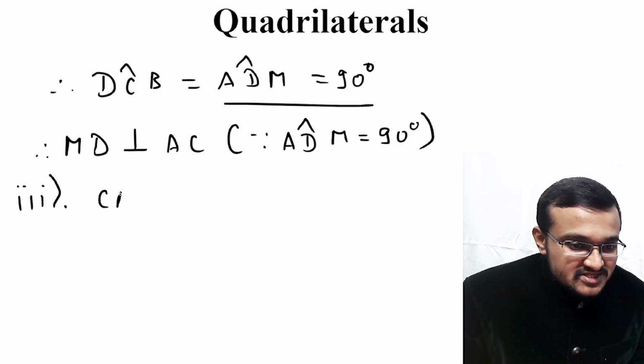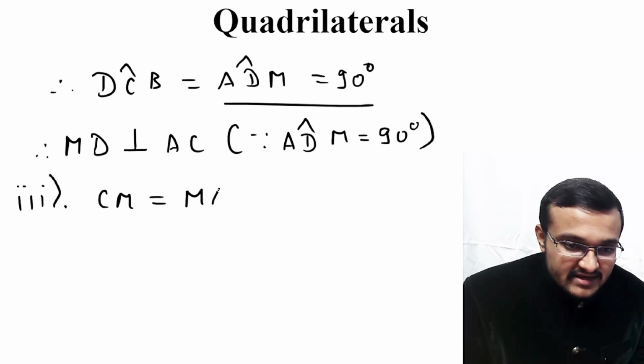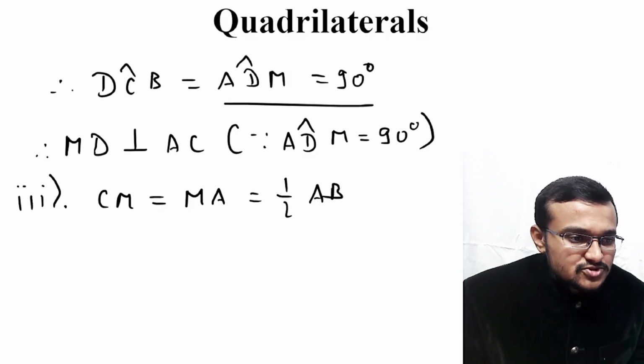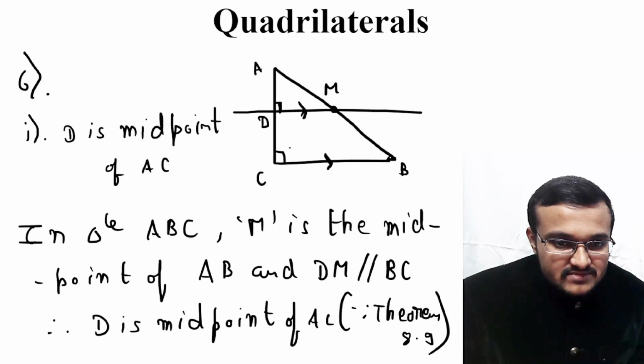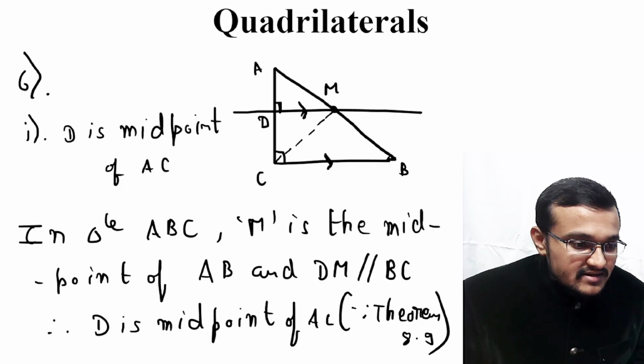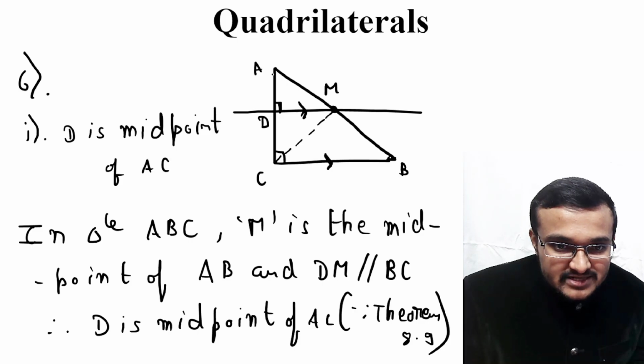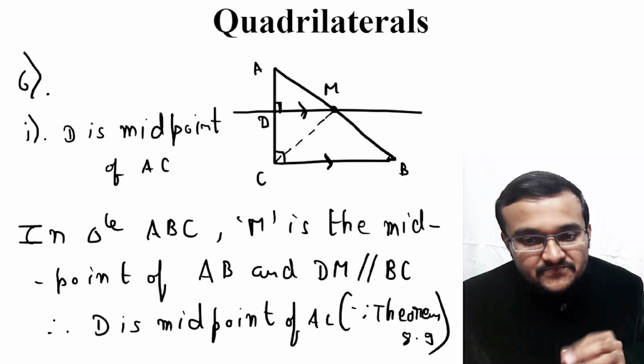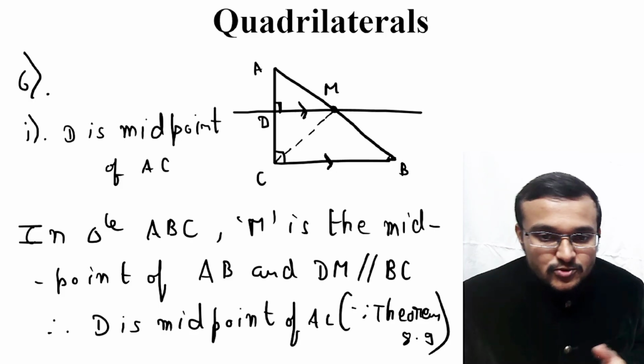Here you need to prove CM is equal to MA is equal to half AB. CM is this particular line, so you need to connect C and M, and MA is also there, that is this particular line. So CM is equal to MA is equal to half AB is what you need to prove.